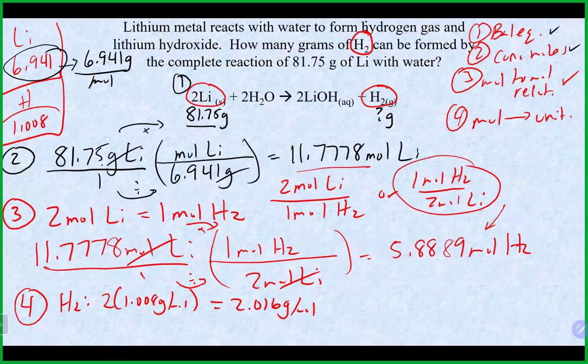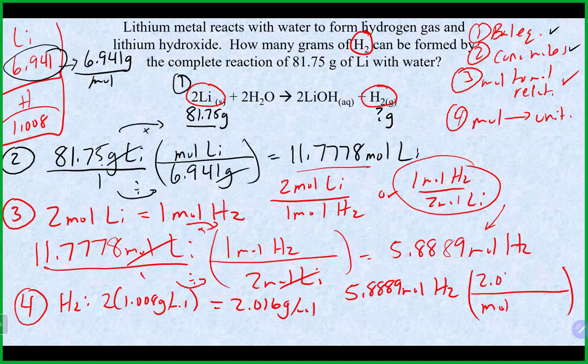And again, that is going to be used as a conversion factor to convert what we have up here, 5.8889 moles of H2, using that molar mass from the periodic table. Moles need to go on the bottom. Remember, the number always stays with the grams part, so it goes up on top. Moles cancel. We're going to multiply basically here.